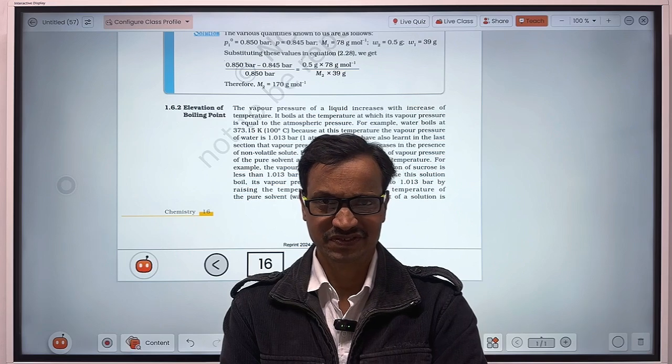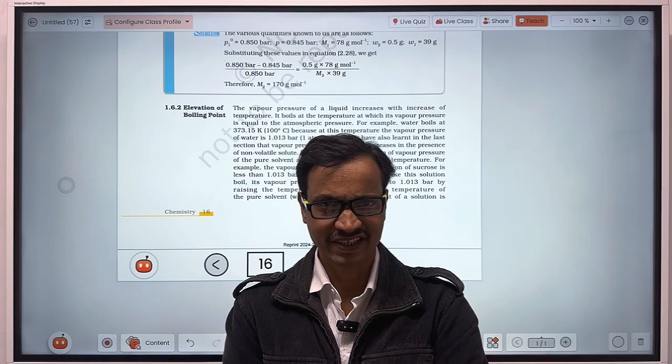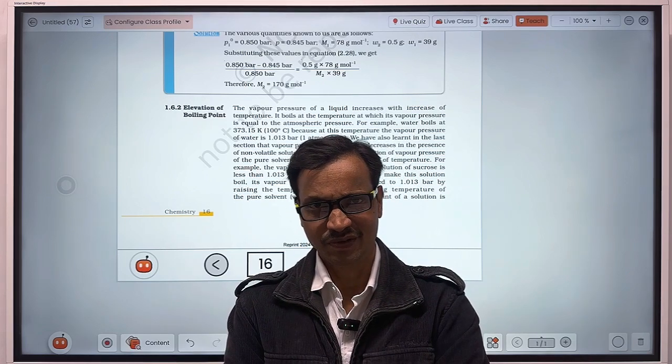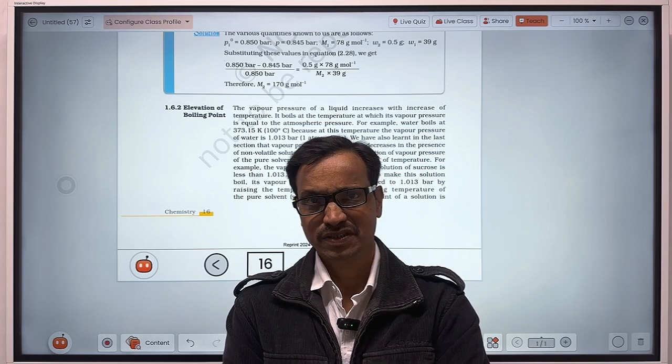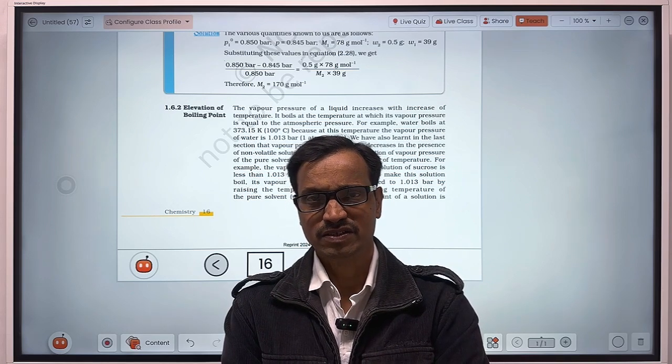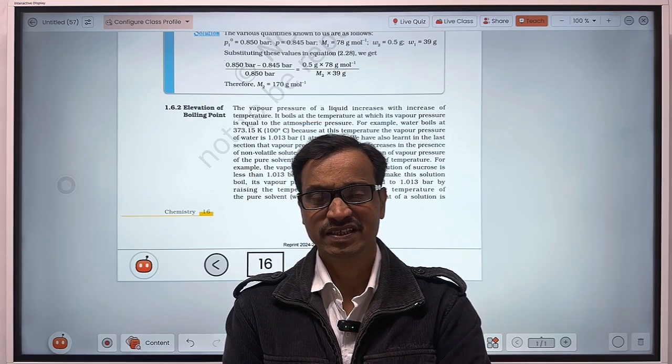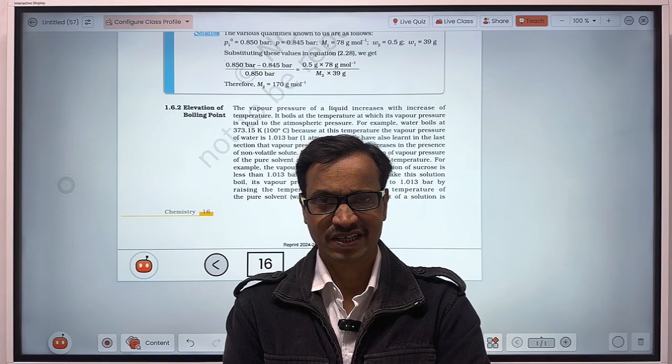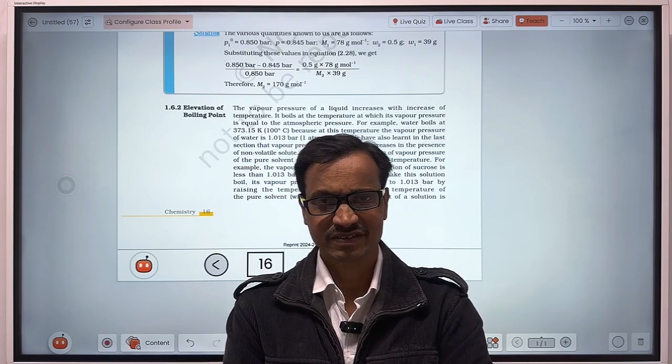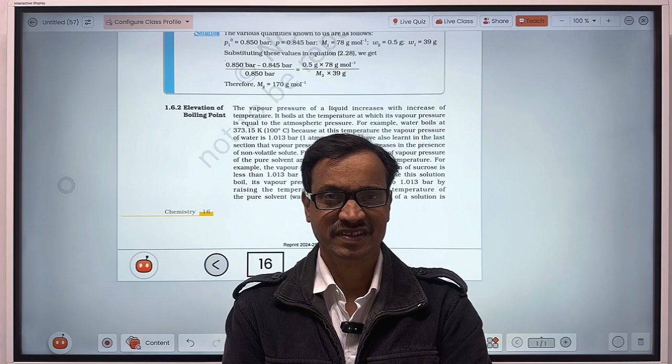So, when a non-volatile solute dissolves in a liquid solvent, the boiling point of the resulting solution increases and the freezing point decreases. That was elevation in boiling point and depression in freezing point.